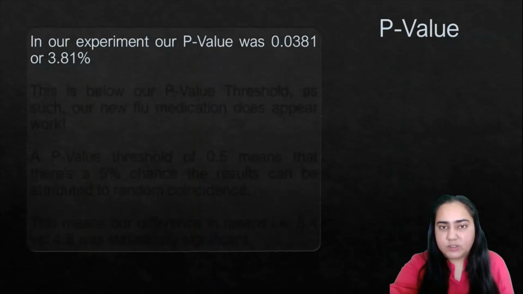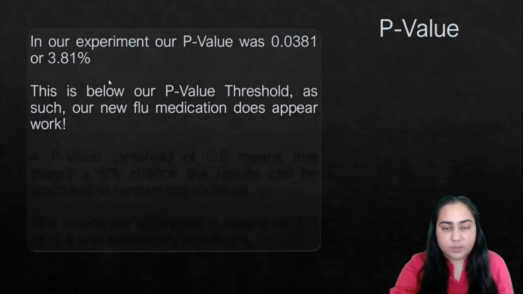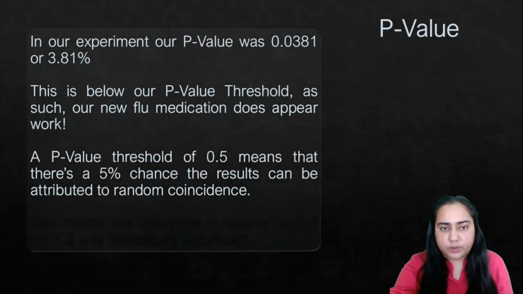So finding the probability is quite simple. You just divide 381 by 10,000 or 372 by 10,000, and what you get is 0.0381. If you want a percentage, it would be 3.81%, which is below the p-value threshold that we set, which means our flu medication does work.